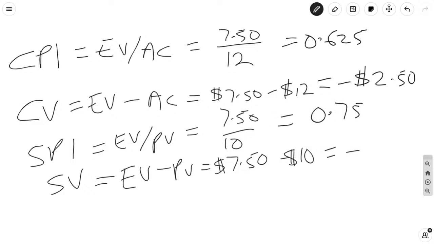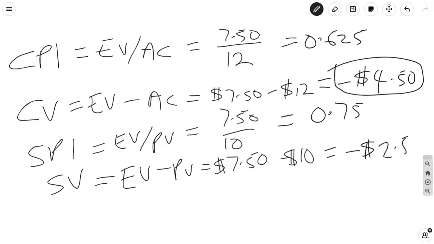And for this one, we get a negative, oh, I beg your pardon, negative 450 for the top. There had to have been something wrong. That's a negative 450. Okay. Negative 450 and negative 250. Okay. Hopefully those numbers stack up. I didn't use a calculator. 7.5 minus 12. Yes, that's a negative 450.